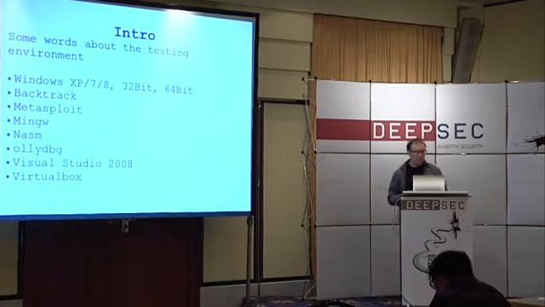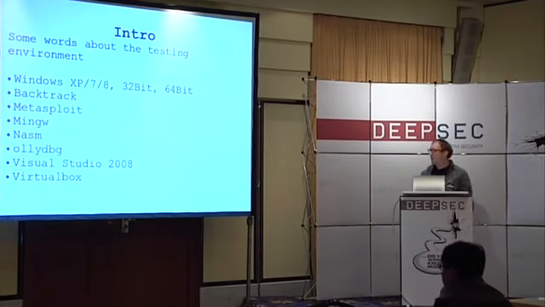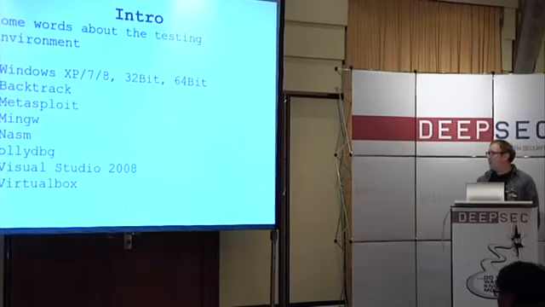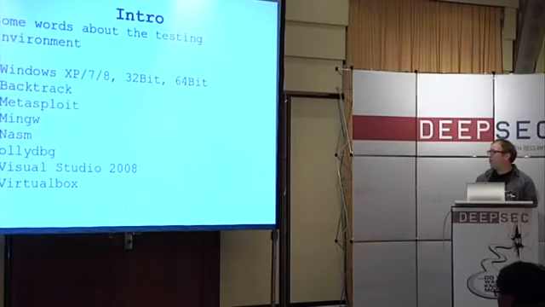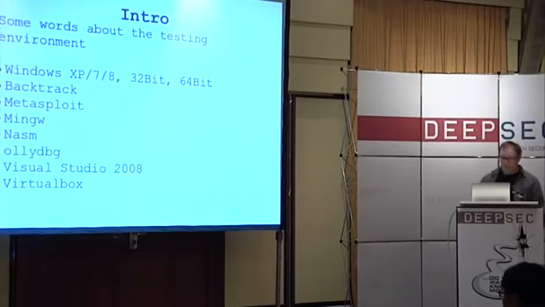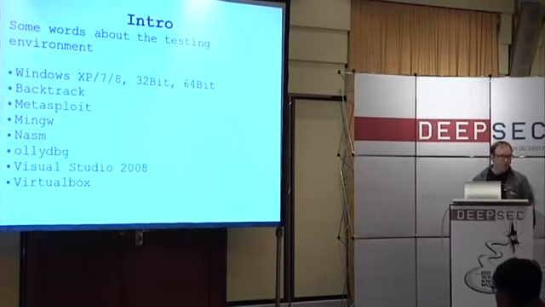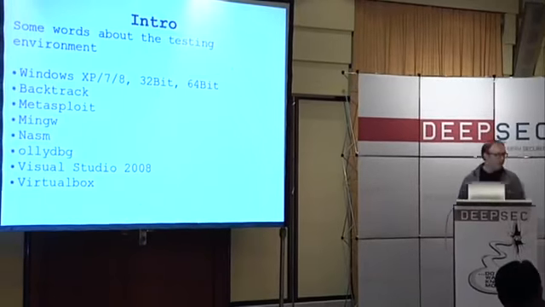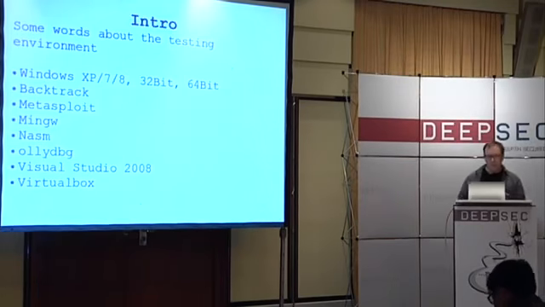So first, some words about my testing environment. The focus is Windows, of course. In my testing environment, I used mostly Windows XP, but also Windows 7 and Windows 8. I used Backtrack as my attacking machine. I used Metasploit for generating the payloads, because the payloads are well known by the antivirus software, and if you can hide this, you have success.